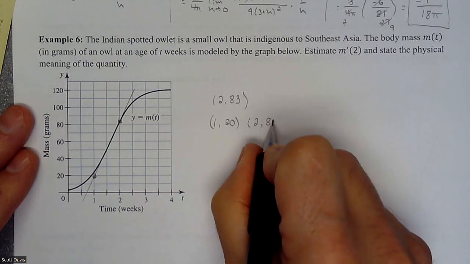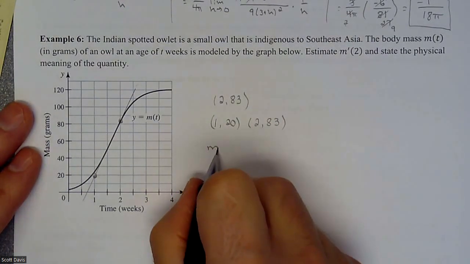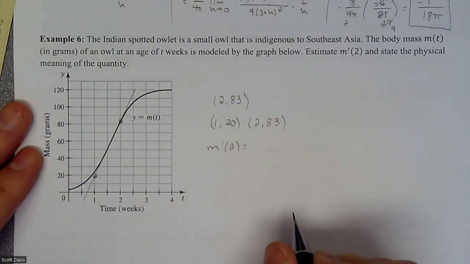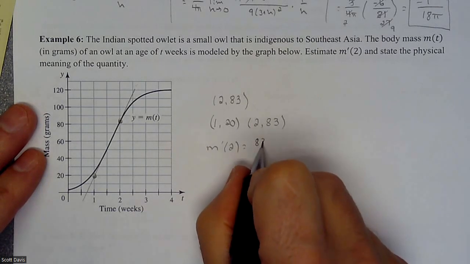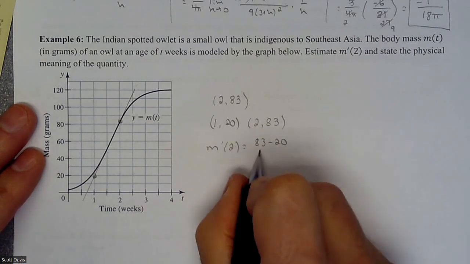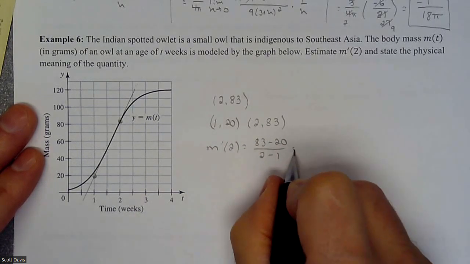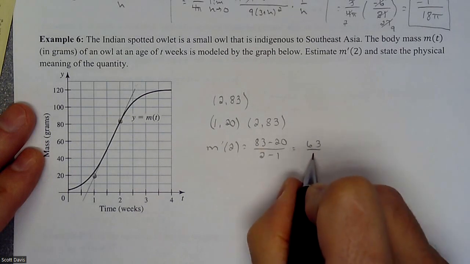So let's take our best guess here. All right, so our slope at 2 is an algebra 1 kind of a thing. All right, we're taking an estimate. So we're going to do our 83 minus 20, and then 2 minus 1. So our slope is going to be 63 over 1.